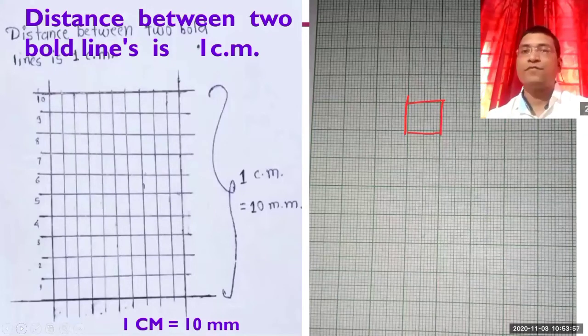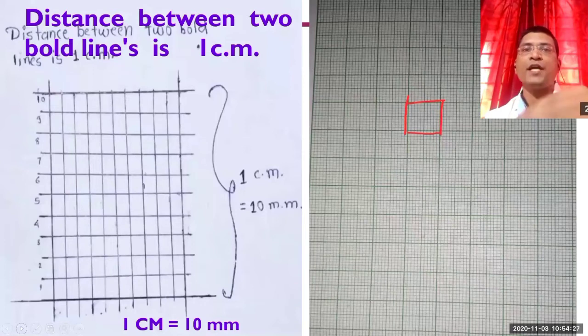If the number 53 is given, where to draw? Draw till 53. After the bold line, take 3 lines: 1, 2, 3. The next example: if 57 is given, after the bold line of 50, where do you draw the graph?